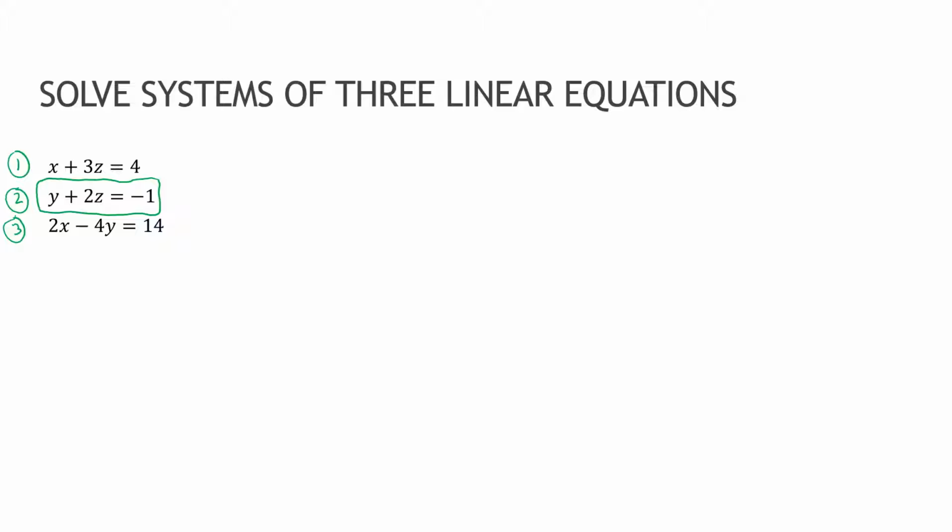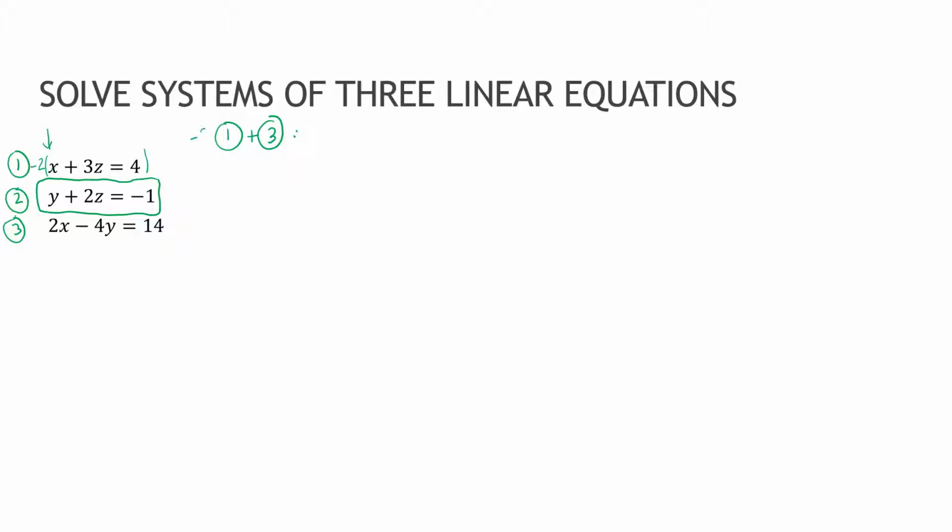So my first step is I'm going to combine equations 1 and 3 together. But if you'll notice, if I combined 1 and 3 just as they are, I'm going to end up with x plus 2x, which is 3x, and that doesn't help me at all. So I need to determine how I'm going to get rid of the x's. Well, I would have to take x times negative 2 to make negative 2x and positive 2x.